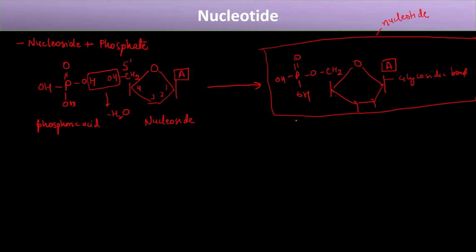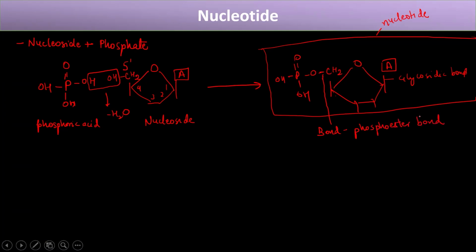Now, what is this bond? The bond that is formed at this CH2 is called the phosphoester bond.